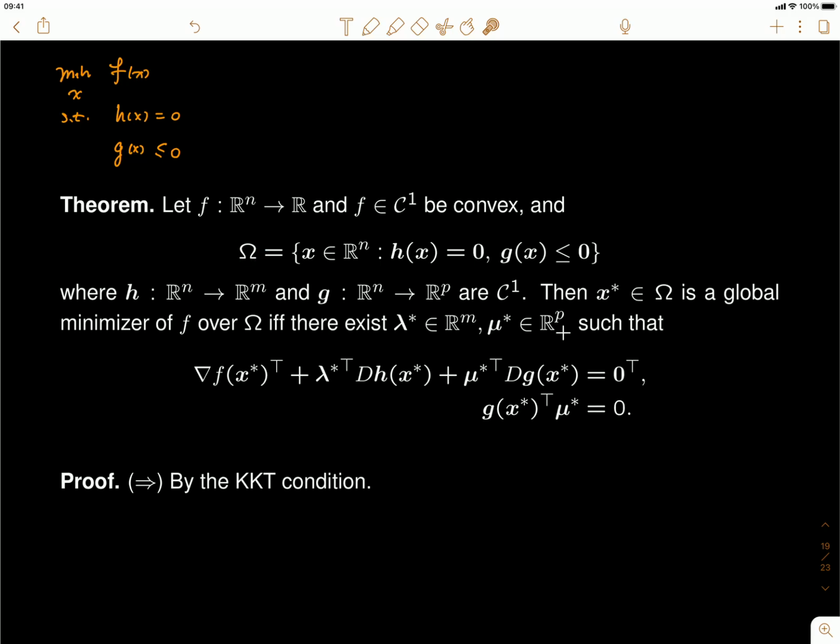Actually, for convex optimization, the omega is convex, and in this case, the typical setup is that g is a convex function.